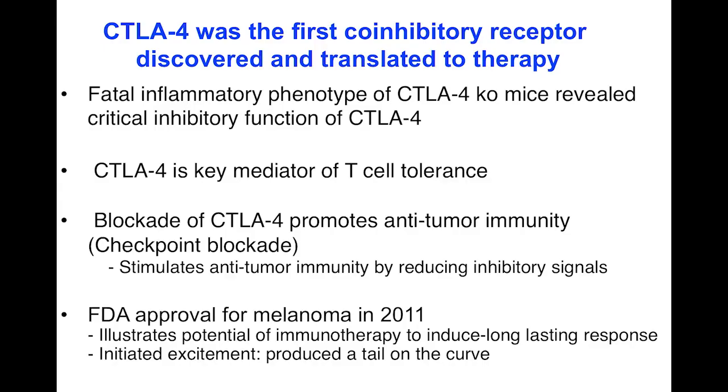Blockade of this inhibitory receptor can promote anti-tumor immunity, known as checkpoint blockade, and stimulates anti-tumor immunity by reducing inhibitory signals. CTLA-4 blockade was approved for melanoma in 2011 and really is what catalyzed the excitement in this field for checkpoint blockade.